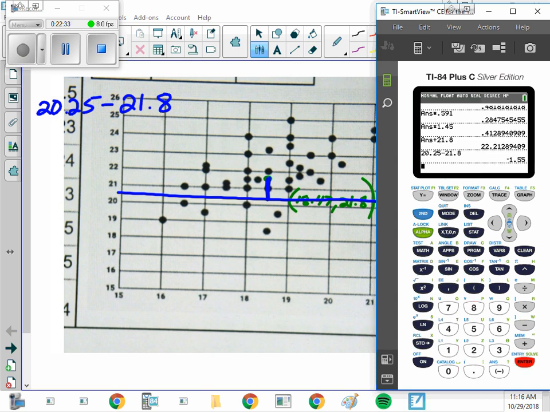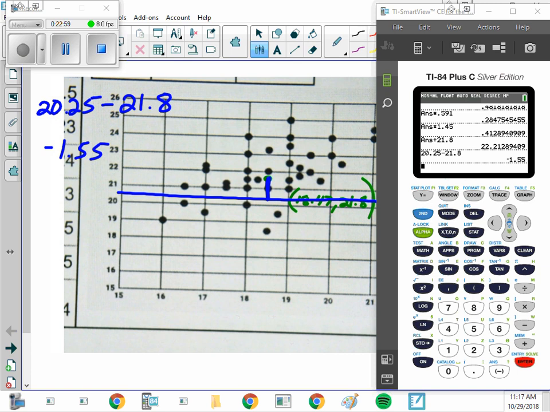Why did I subtract it like that? Because the number I'm looking for is below the SD, so I need a negative number. And I get negative 1.55. What does negative 1.55 mean? What unit is that in? Not SDs yet.